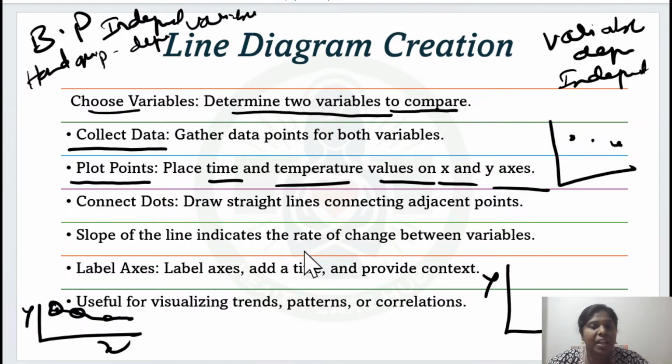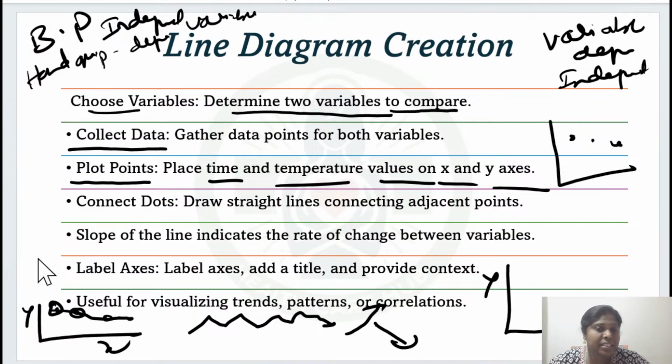The slope of the line indicates the rate of change between variables. When the points are joined, we know the direction of growth, whether it is on the growth side or the declining side. We also have to label the axes, whether x or y, and put a title also.